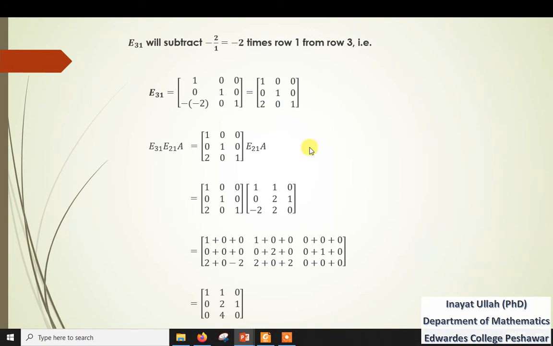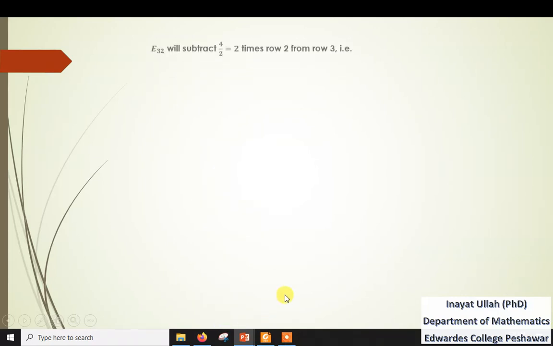That is the value of this whole matrix. So E32 will subtract which thing? That is studied in this slide, that E32 will subtract 4 by 2, means 2 times row 2 from row 3.